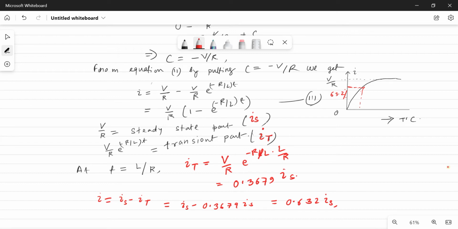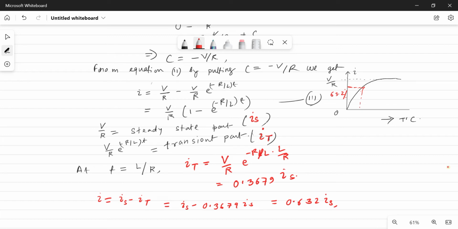The current through the circuit, I, is equal to steady state current minus transient current. We know the transient value is 0.3679 IS, so IS minus this gives 0.632 IS.